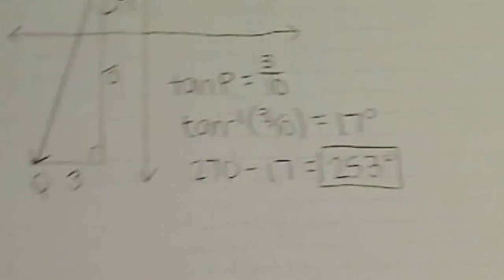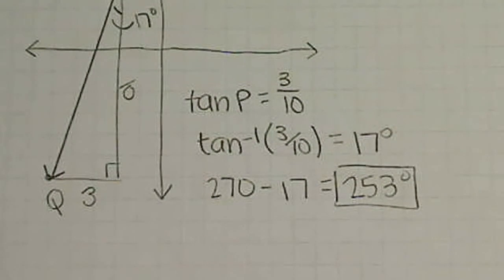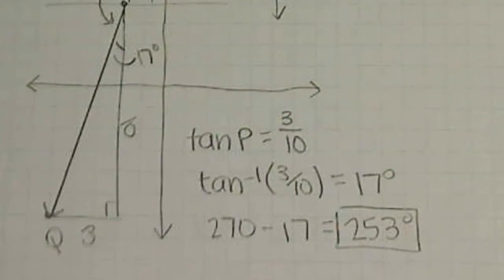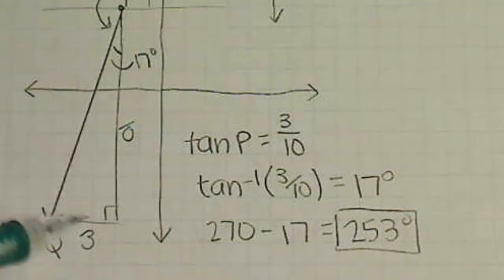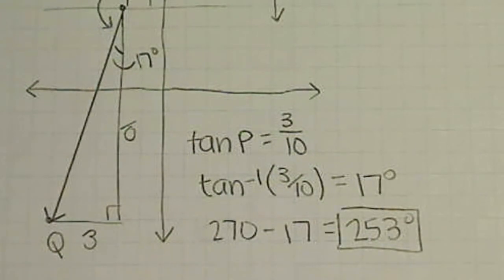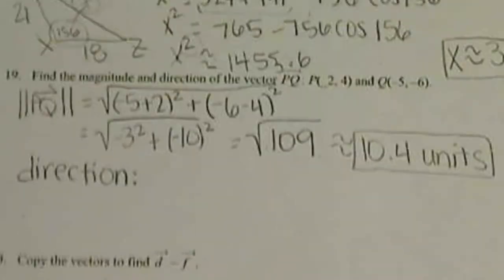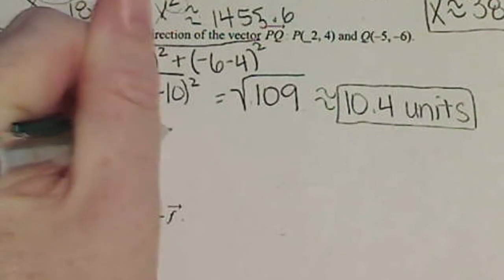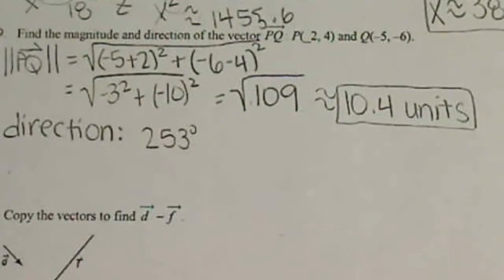Now the direction is important because it tells me that it is pointing down, which it is. Because if I drew this the other way pointing up, I would be finding this angle down here, and that's a different angle. It's a lot smaller. Alright, back to our review sheet. The direction was 253 degrees.